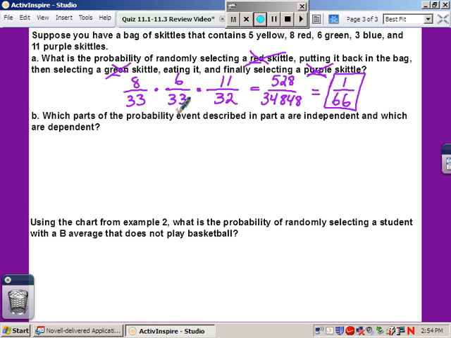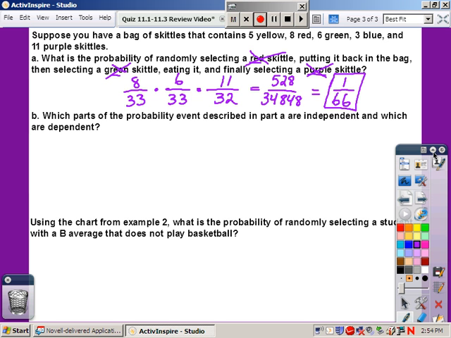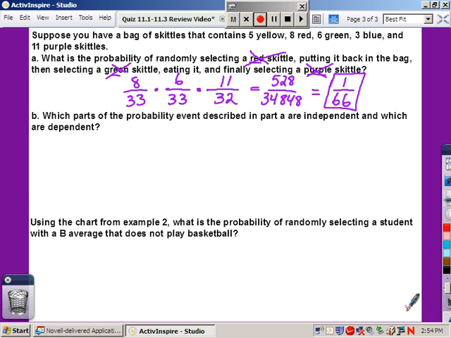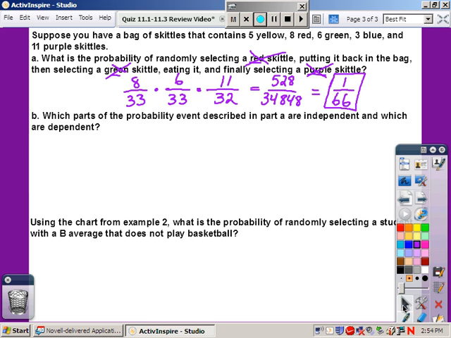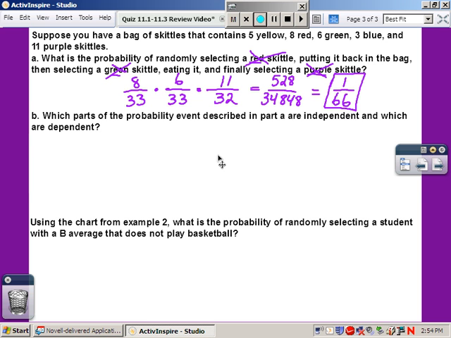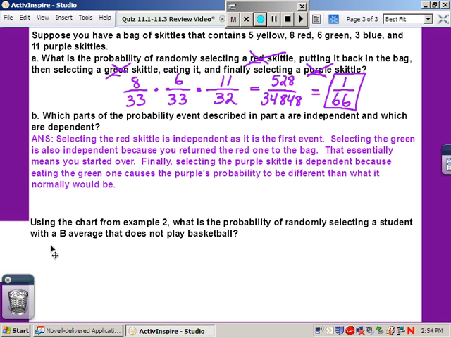But in this instance, it's 11 out of 32 because after you did this event right here, you changed the probability because you ate a Skittle. You changed the scenario. So because you changed it, this probability, the purple one, depended on the fact that you changed it from the green one. So your answers to this are that the first two events are independent and the last event is dependent. I wrote that all out right here for you if you want to see a nice detailed explanation.